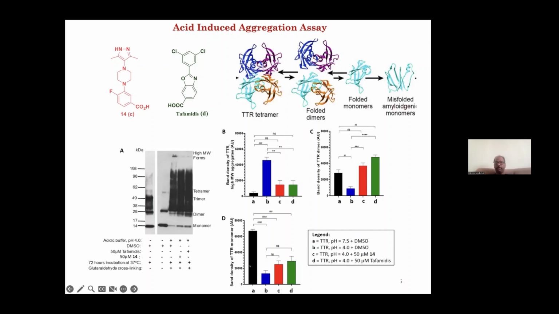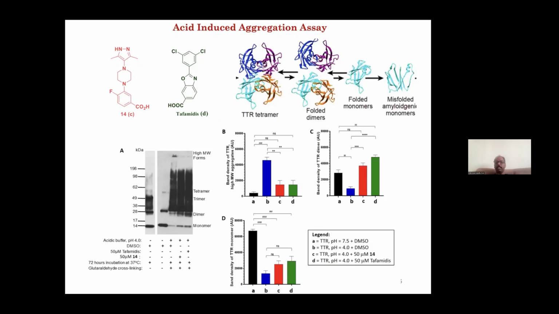At neutral pH, you see a lot of monomers. At acidic pH, the monomer breaks into the misfolded oligomers. Therefore, there is a decrease in the concentration of the monomers. Here you can see some monomers in presence of our compound C and compound D. Compound D is the tafamidis.